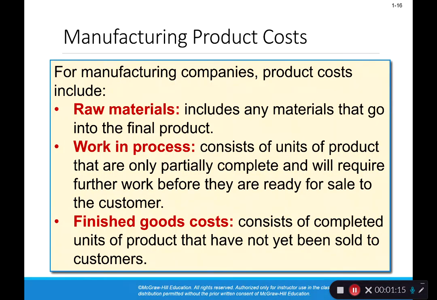Work in process are phones or any type of product that is only partially complete. So as we start adding labor to those raw materials, but we haven't completed it yet, it's still considered a work in process. Then when we finalize the product, it becomes finished goods.